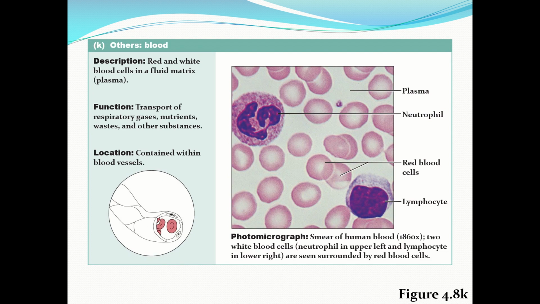The fluid connective tissues are going to have a matrix that is composed mostly of water. And in blood, that is called plasma. And the cells are going to flow freely throughout the vessels within this plasma. And there are red blood cells and white blood cells.